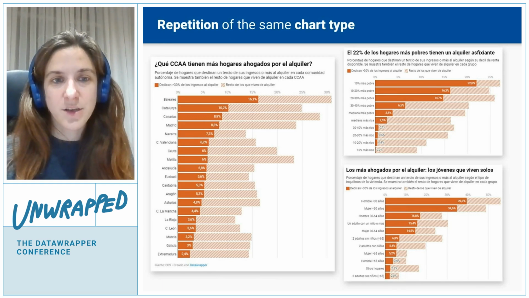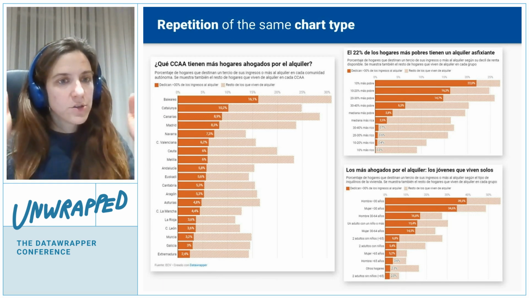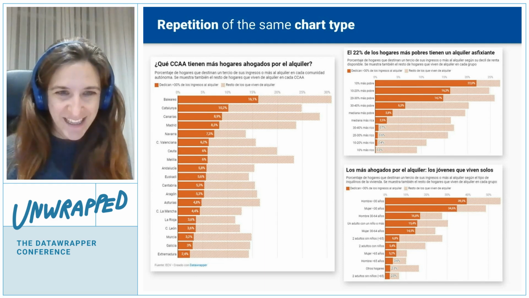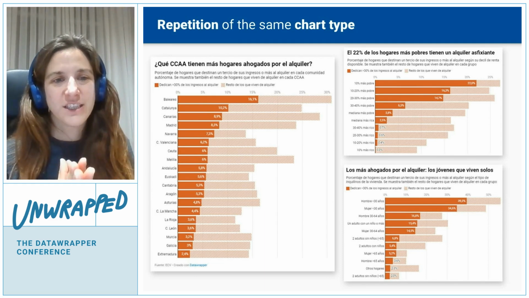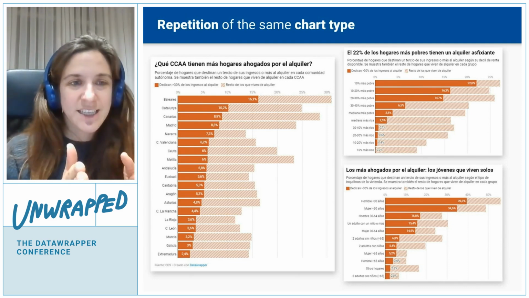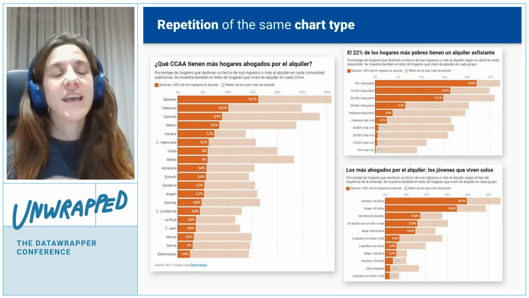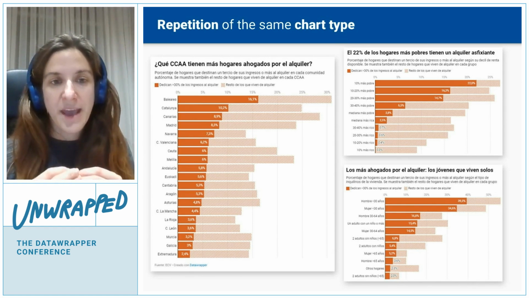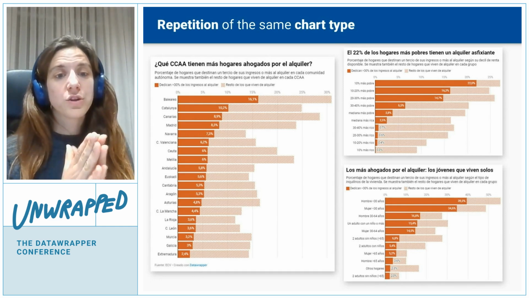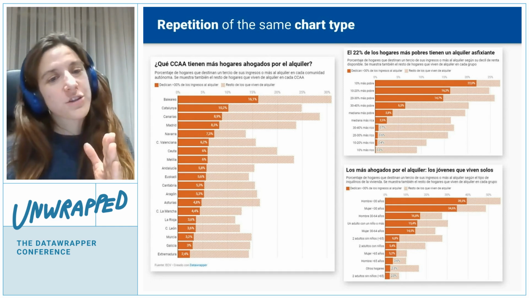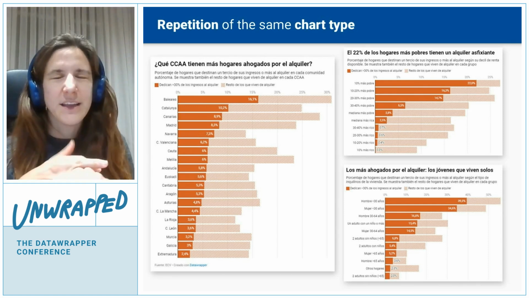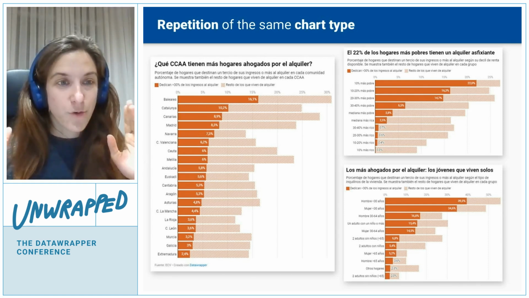Also, sometimes we try to repeat the same chart during all the article. I don't mean that we repeat the same data, but the same indicator. For example, in this article, we were showing a percentage of the population that had problems paying their rent, but we wanted to show also the total percentage of people in each group, in each region, in each income group, that were renting.